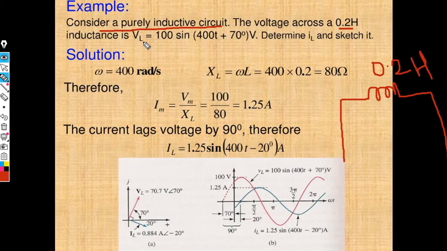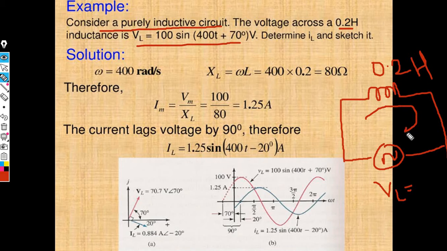The voltage across the inductor, that is VL, is 100 sin(400t + 70 degree). Then determine IL, that means we have to calculate IL.